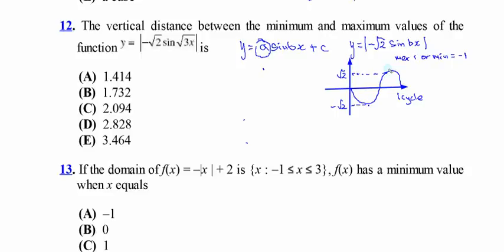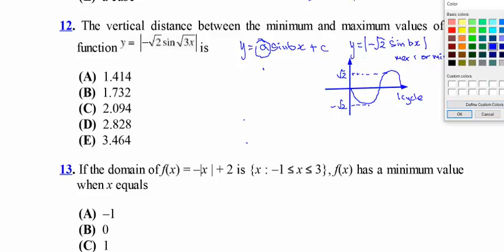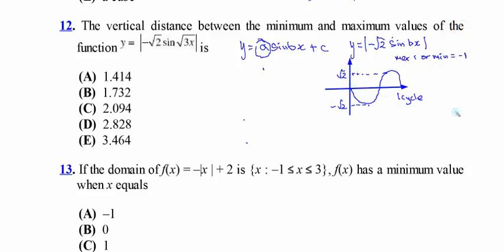Okay? Now, so if you put in the absolute value, then this negative one will flip up. This one will flip up. This one, since it is positive, will remain positive. So the graph actually is like that.